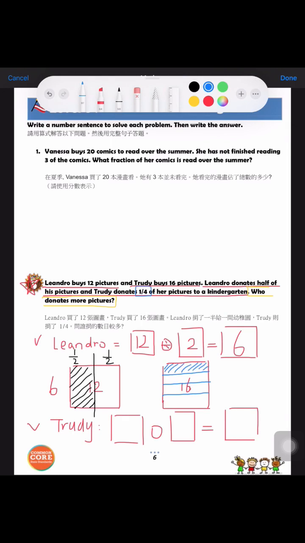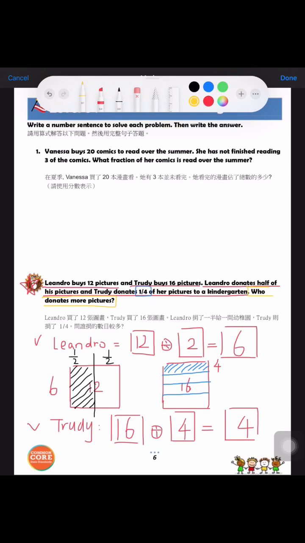Each part represents 1/4. So how many pictures does each part represent? It should be 16 divided by 4 equals, yes, it equals 4. So Jo donates 4 pictures.